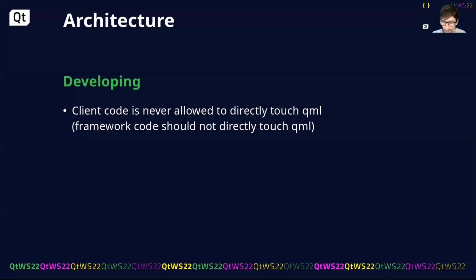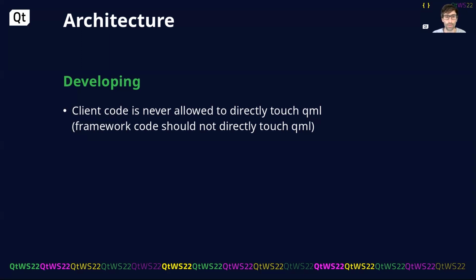So they're not allowed to take a Q object from the QML and then access or modify the properties. Not only are they not allowed to modify it, but they are not allowed to access them, and certainly not call slots on them. So we do make an exception for framework code. So that's the code that we write, because sometimes to do the integration, we just need to go to the QML and we need to do something.